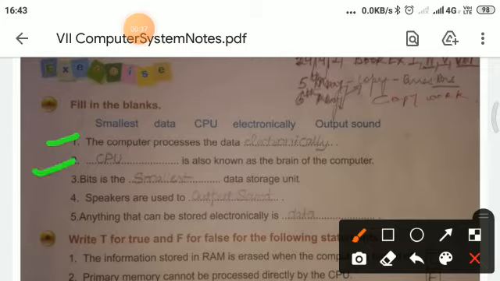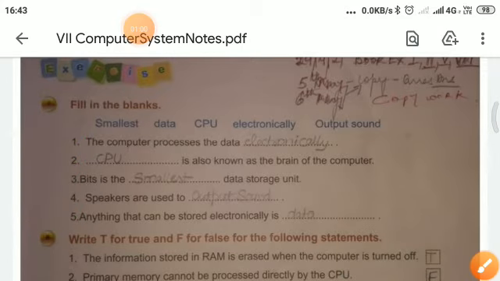Second, CPU is also known as the brain of the computer. Third, bits is the smallest data storage unit. Fourth, speakers are used to output sound. And next, anything that can be stored electronically is data.